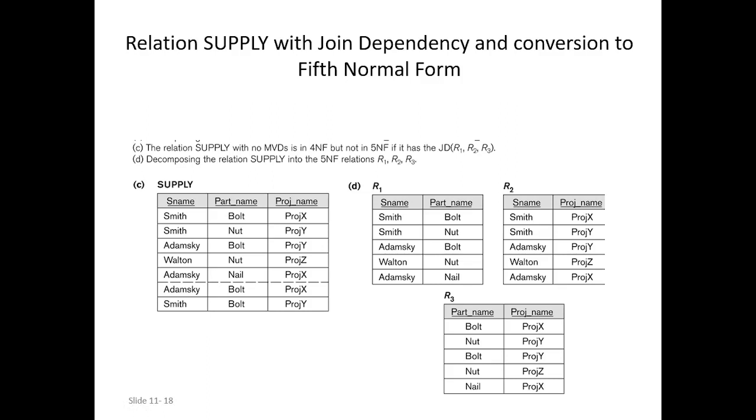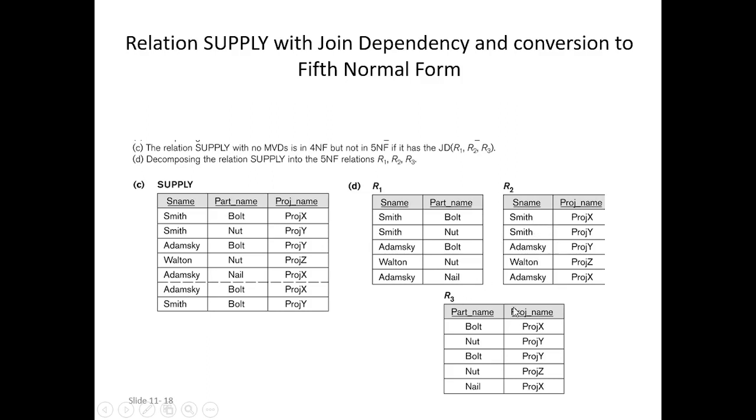When we decompose it into these three sets, we can define a join dependency. It means that when we perform a join operation on these, we'll be able to get back the supply relation. Our constraint is that we can decompose supply into R1 (S name, part name), R2 (S name, project name), and R3 (part name, project name).